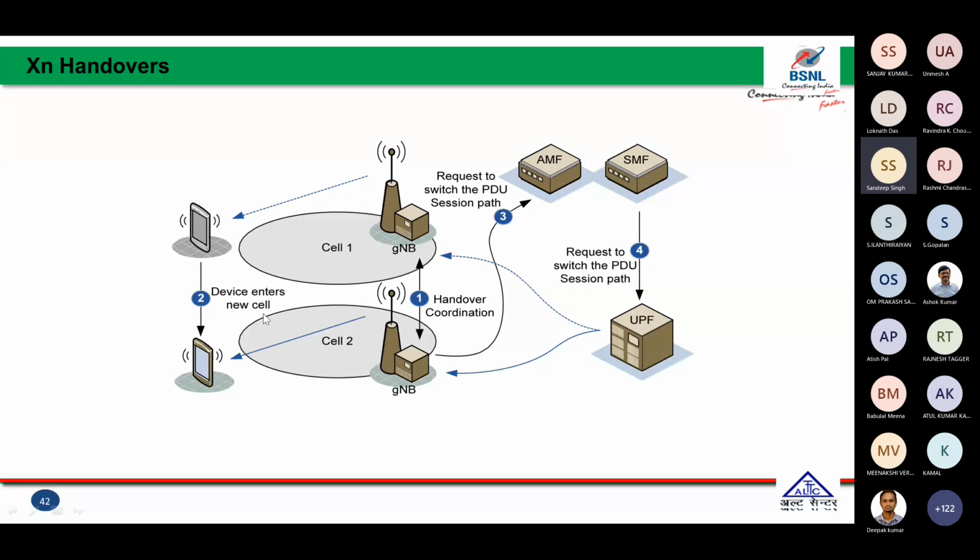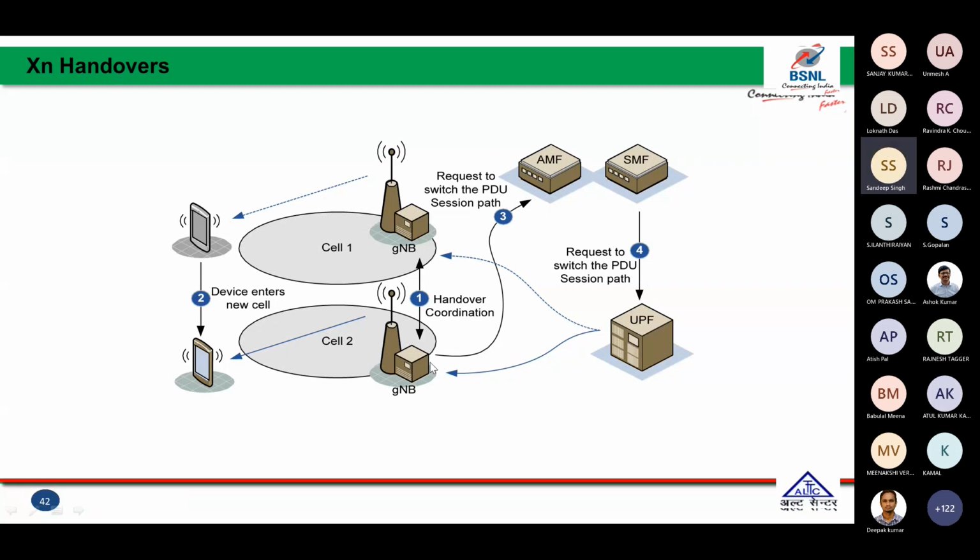The RSRP of the serving cell and neighboring cells are reported by triggering the event and sent to the gNodeB. The gNodeB coordinates the handover on the Xn interface.